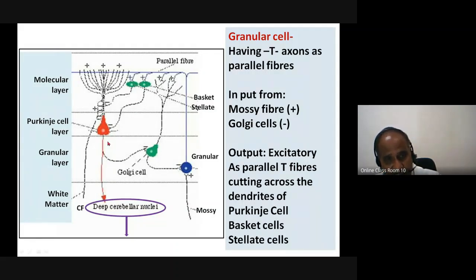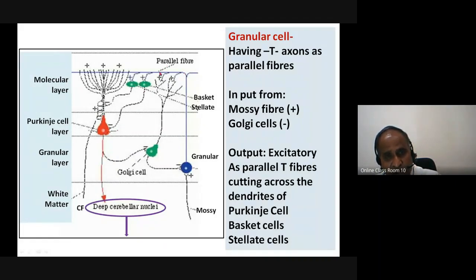When these basket cells and stellate cells are stimulated, they inhibit the Purkinje cell. So look here, the granular cell comes here, and when it is activated, these are activated. And when these are activated, they inhibit the Purkinje cell.